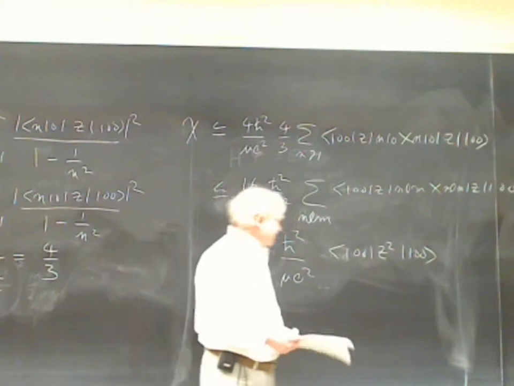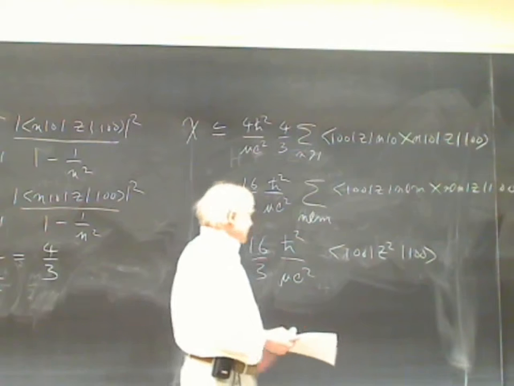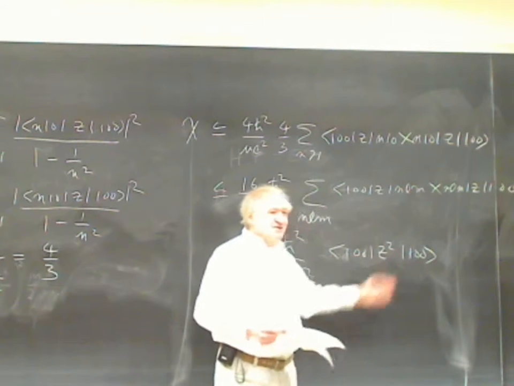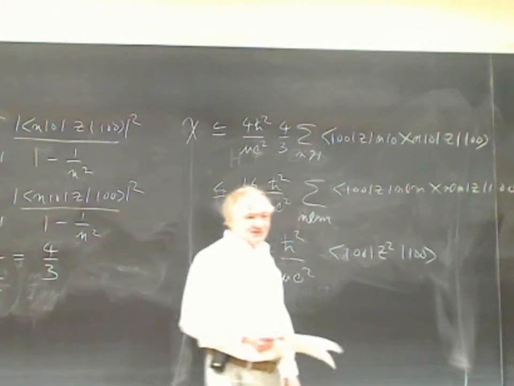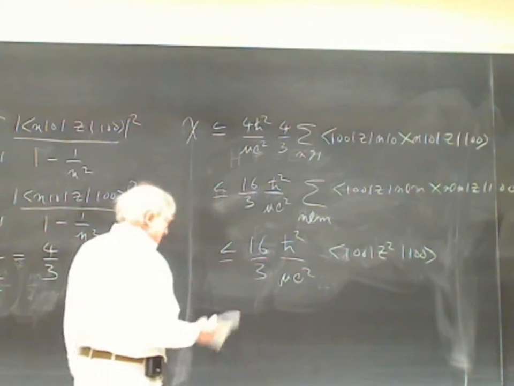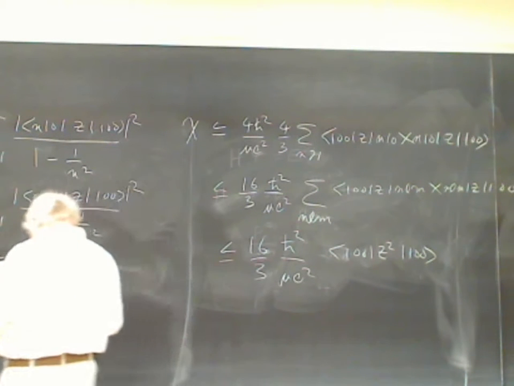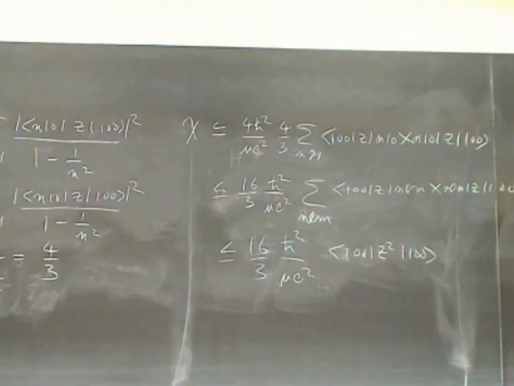All right, now eventually, of course, we have to do an integral. We can't just fool around with general principles all day long. So we have to do an integral at some point. So let me, just to conserve board space, start over here. What is this <1 0 0|z squared|1 0 0>?